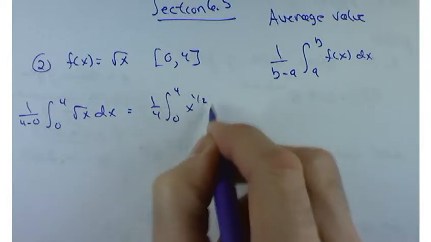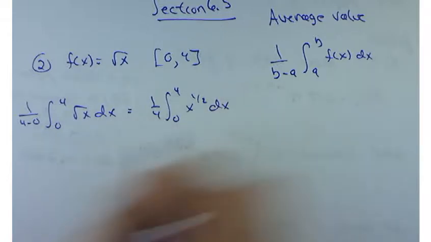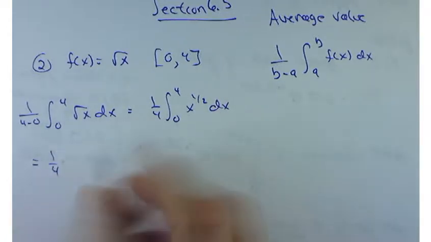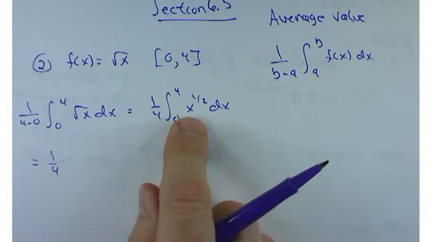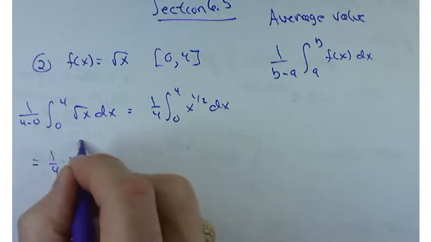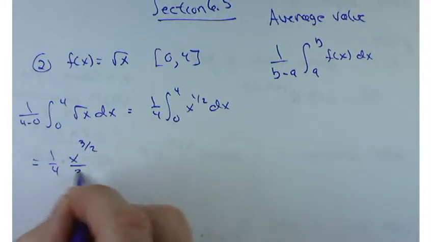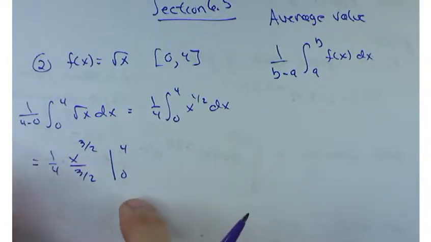I'll probably rewrite that as x to the 1/2 to make my life a little bit easier. Integrating this, I'm hoping, is pretty old hat by now, right? So that'd be x to the 3/2 divided by 3/2. And divided by 3/2 is like multiplying by 2/3.